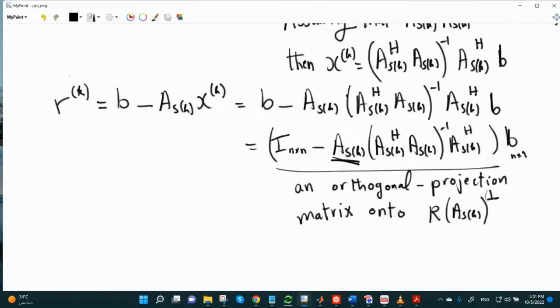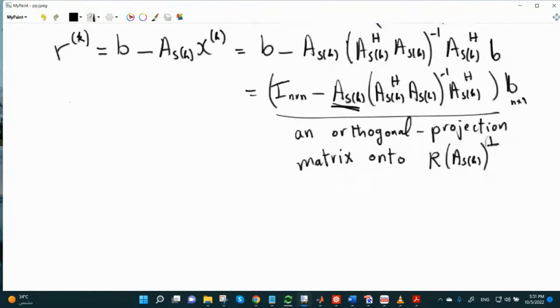So this is r of k, and let's emphasize this: r of k is perpendicular to the columns of A sub S of k.